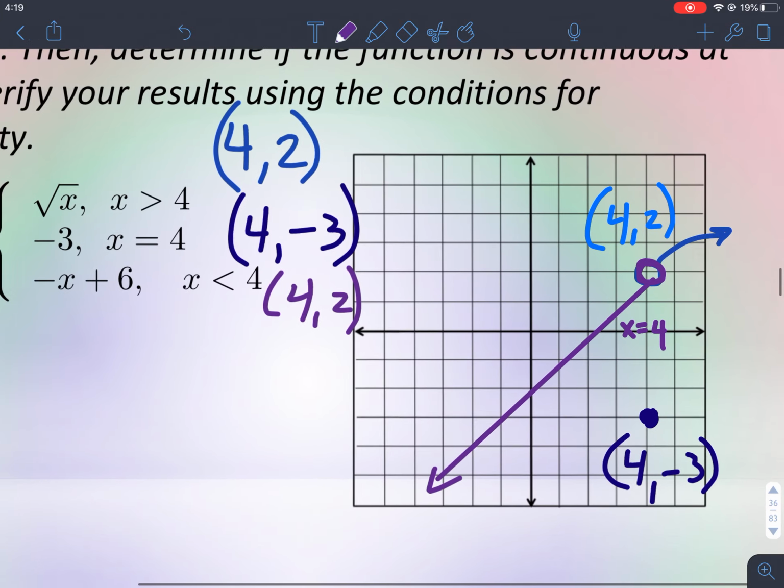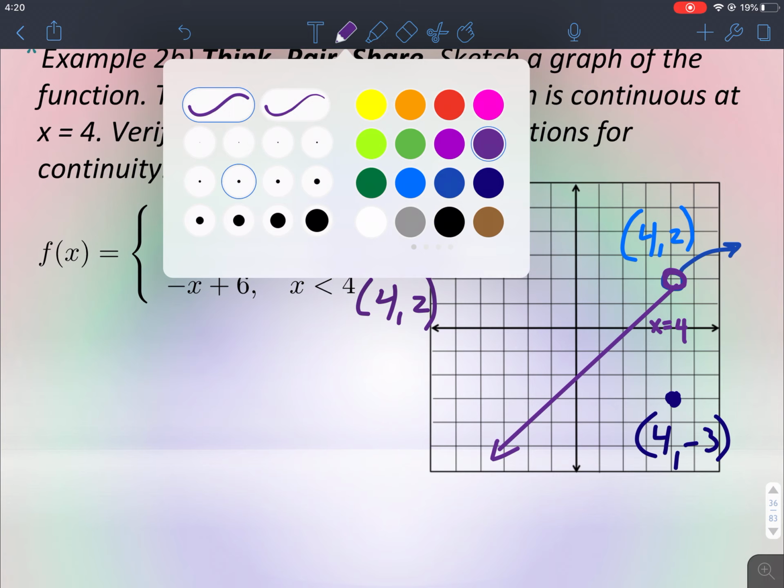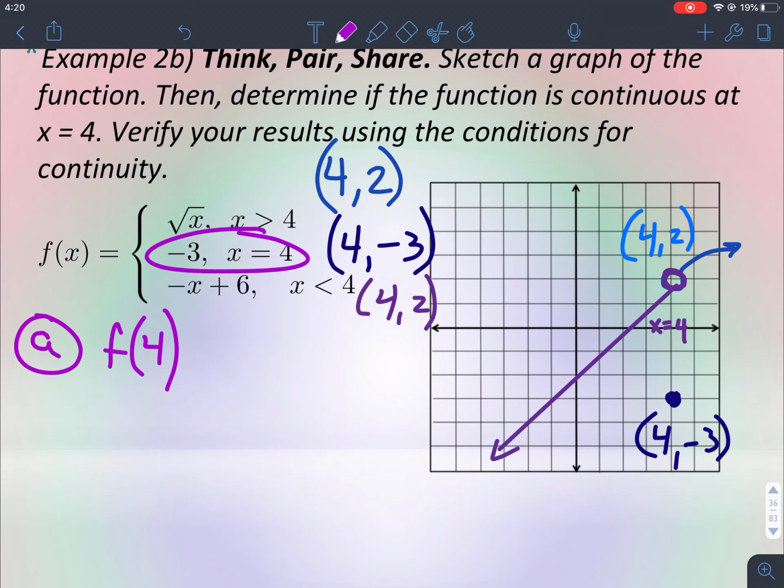So visually, from the graph, it can be easy to see if a function is continuous or not. This is a removable discontinuity. But let's go ahead and prove it using the conditions. So A, f of 4. That does exist because that would put me in the middle function. Check.